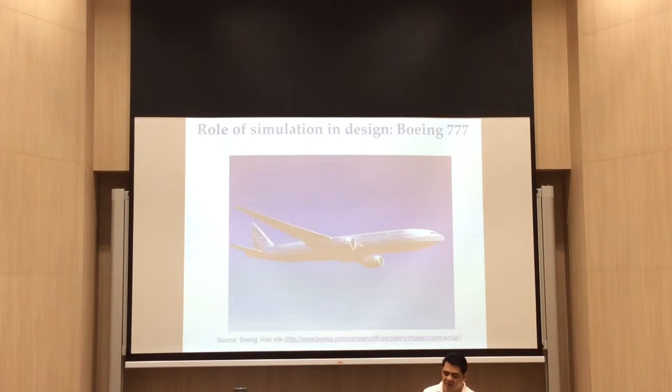So again, the first full application of simulation will be for this example here, Boeing 777. So from CAD to simulation, they've done a full analysis of this one. Of course, like I said, just doing this without the knowledge in solid mechanics is not reliable.